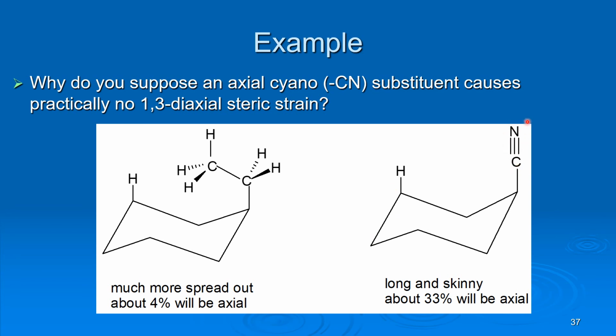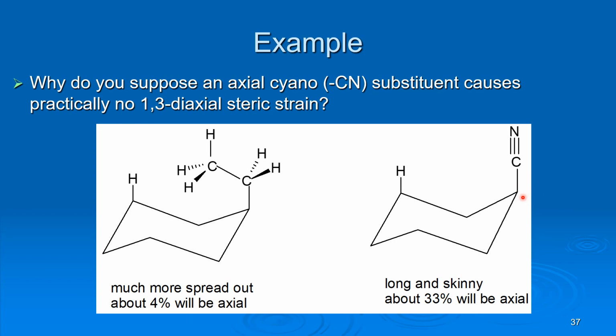It's straight because of that triple bond. So you can see that it doesn't get in the way of the hydrogens nearly as much. And so this has got the much lower energy of interaction. These diaxial interactions will be much smaller. So maybe about 67% will be equatorial.